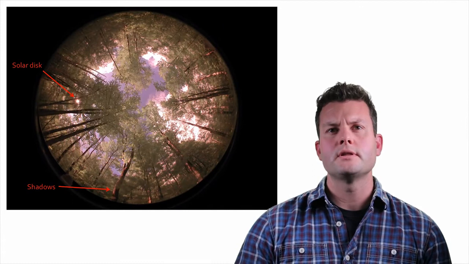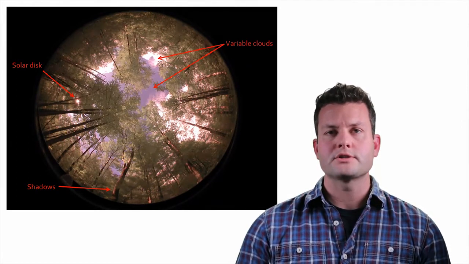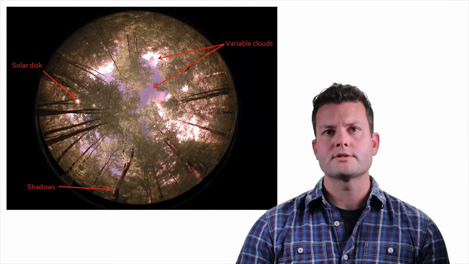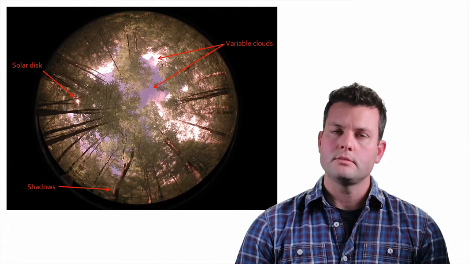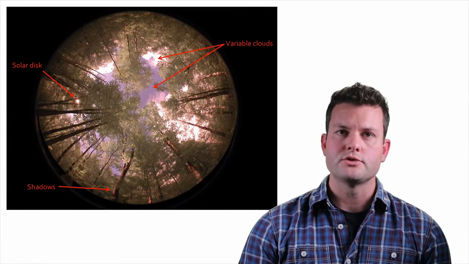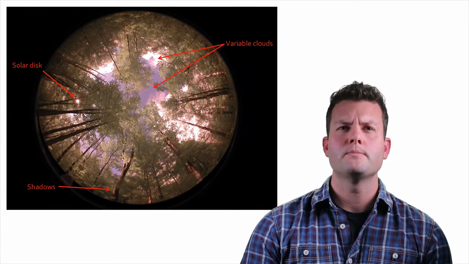Then finally, you can see that with those variable clouds, areas that are actually clouded are extremely bright, whereas the sky background is quite a bit darker. So again, this would make it very difficult to choose a threshold that allows us to distinguish canopy from non-canopy.